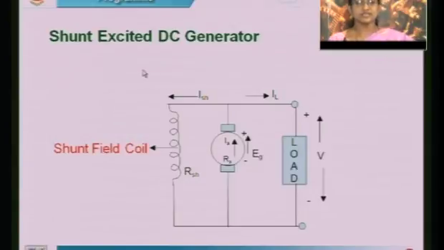Now, you consider this shunt excited DC generator. Since I already told, it is self excited. So, what exactly you are doing is you are going to connect this armature in parallel with the shunt field. So, the shunt field resistance.